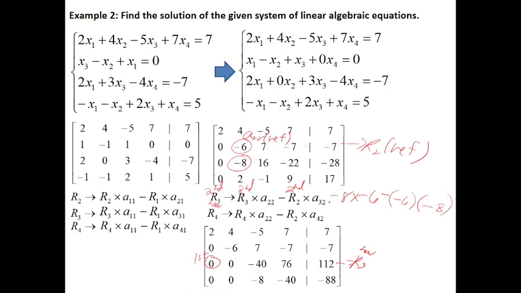Ano sagot? 48 minus 48. Nakuha yun. Okay?